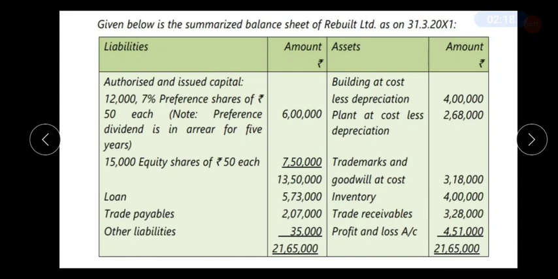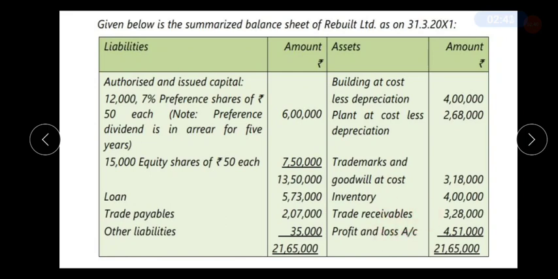And here you have accumulated loss, or negative balance of the profit and loss account, that is the profit and loss account debit balance. This is a fictitious asset, that is 4,51,000. Now we need to go for internal reconstruction because there is an accumulated loss of 4,51,000.